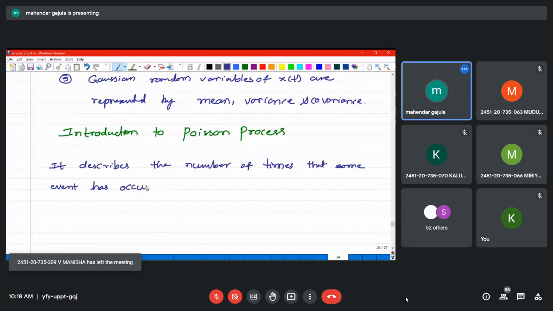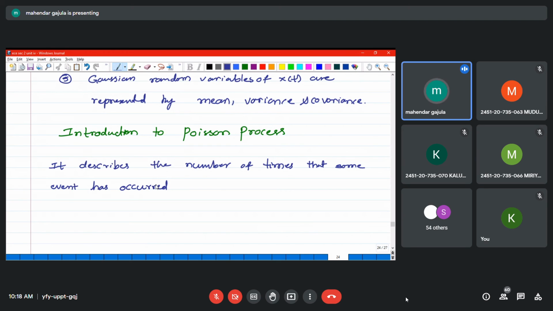That event may be an accident, telephone calls, a customer arriving at a bank, a bus coming to a bus stand, a train arrival, or flight arrivals. Train reaching a station, flights arriving at the airport.